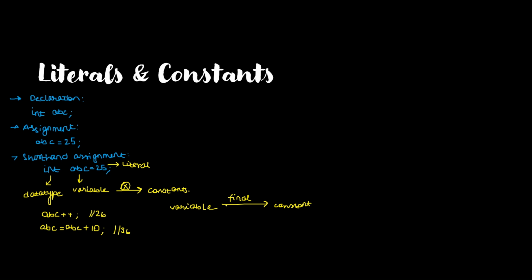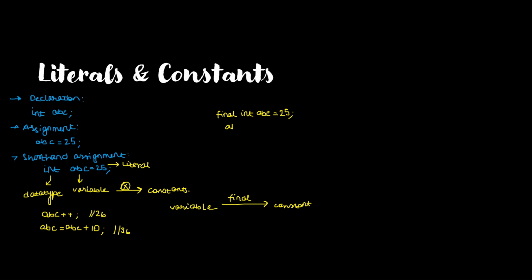We'll learn about all the aspects of final as we go down the chronology of our course. But for now, just know that a variable can be made a constant by using the keyword final. In that case, shorthand assignment for a constant would be final int abc is equals 25.